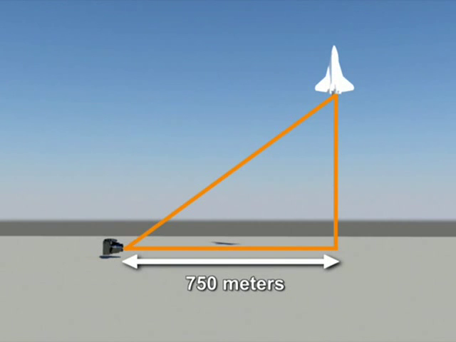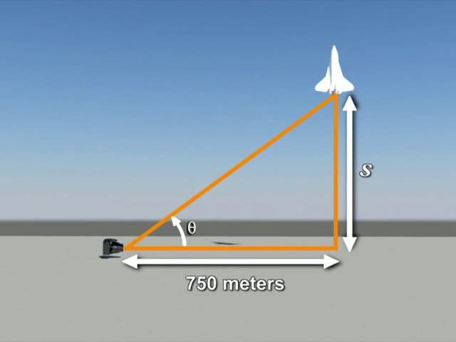Okay, so let me ask some questions about this scenario. Here's kind of a picture of it. I'm 750 meters from the launch pad, and the height of the shuttle I'll indicate with the letter S, and the angle that the camera makes with the horizontal we'll call angle theta.